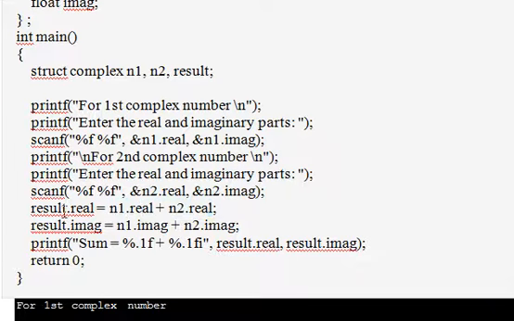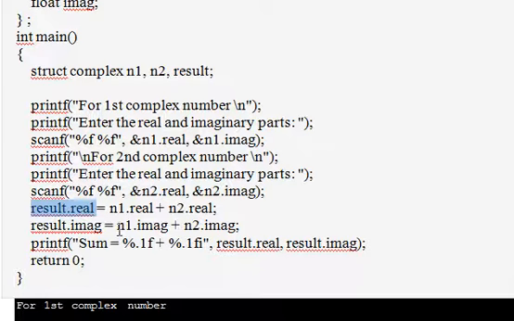The total will be stored in result dot real. Result means the third complex number, so in its real part the total will be stored.